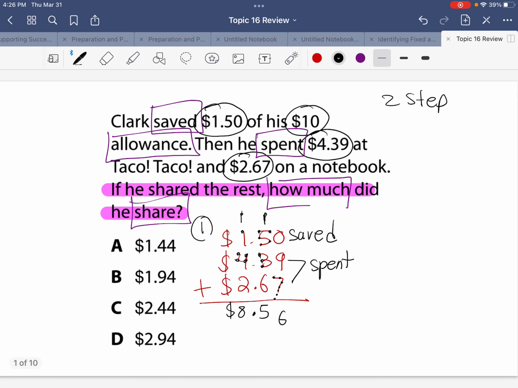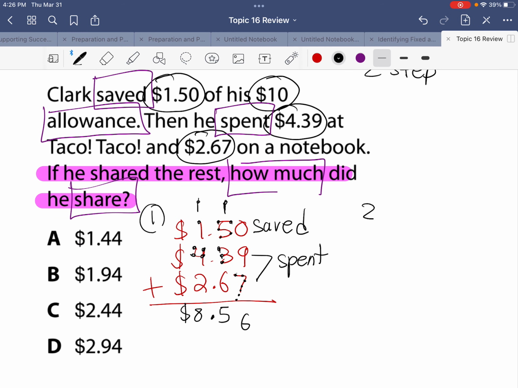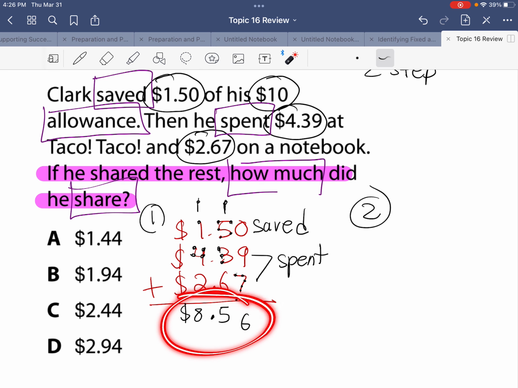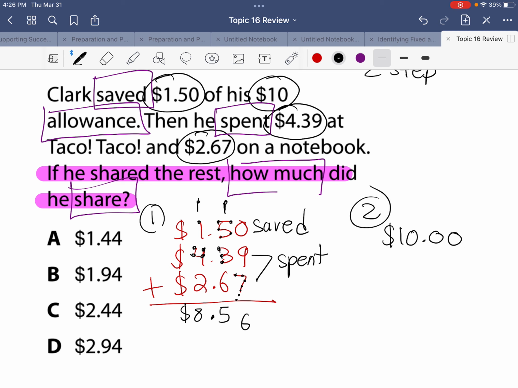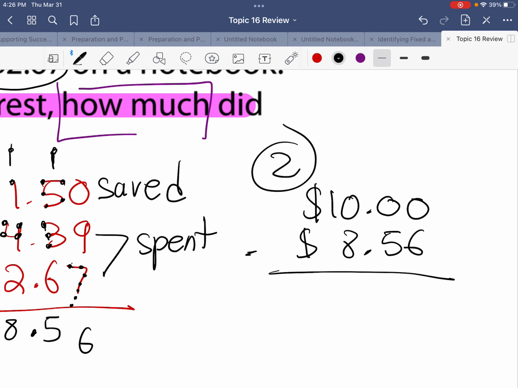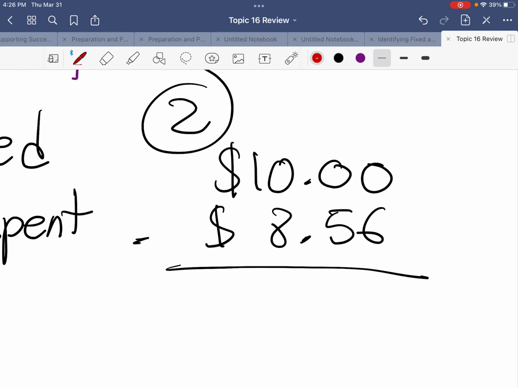Okay. Now my second step is I'm going to subtract what I got from what he originally had. So I'm going to do $10 minus $8.56. Okay. So I can't take away from the zeros. I have to take away from the 1. It becomes a 0.